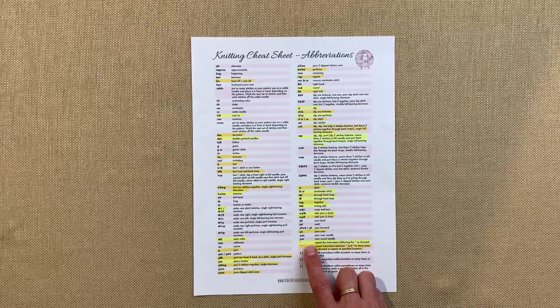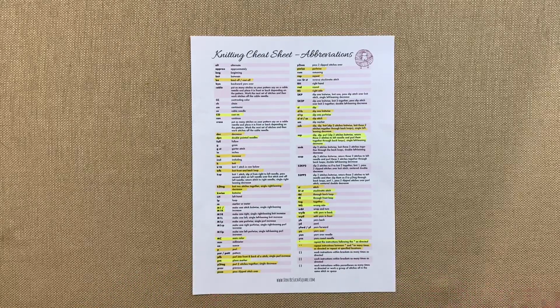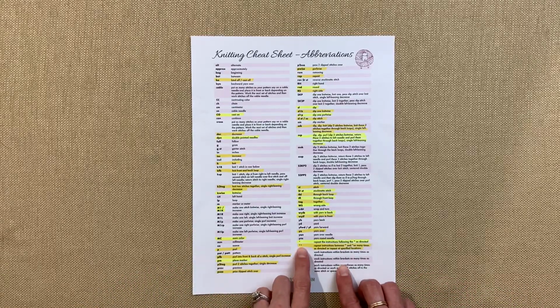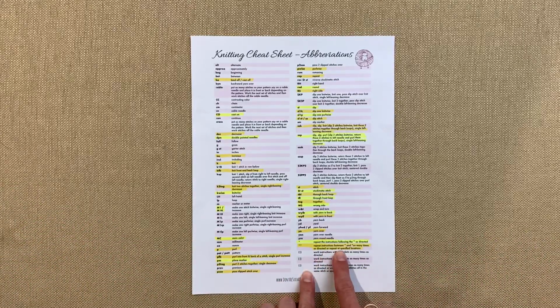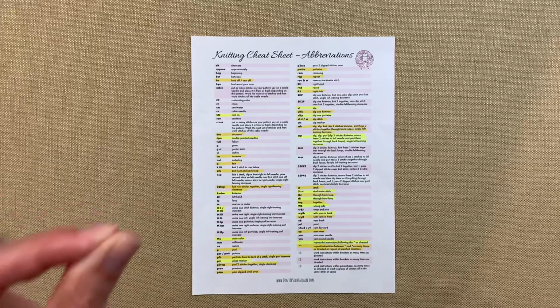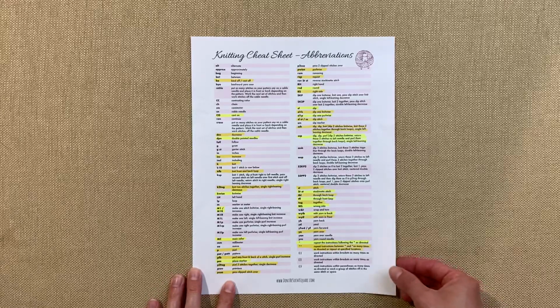One asterisk is repeating the instructions as follows, or as directed. And if you've got 2, one on each end, you're going to repeat the instructions in between those 2 asterisks however many times it tells you to do so. So it's just a way of reading the pattern.